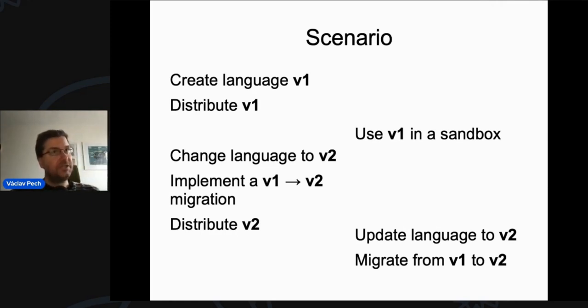And if you make a change that needs some special care, you actually introduce a new version of that language, and you provide an automated migration script that will run automatically as soon as someone imports that new version of a language into the model. So you have, as a language author, the chance to migrate programmatically your user models from the previous version to the new version.